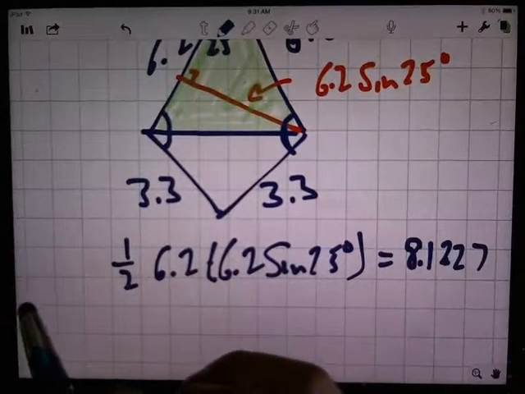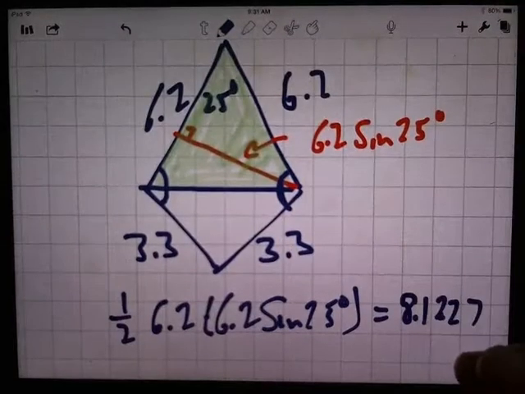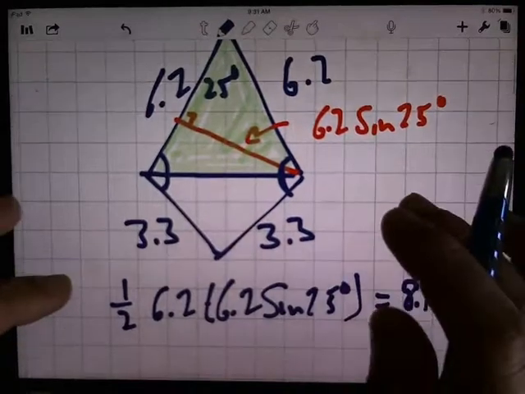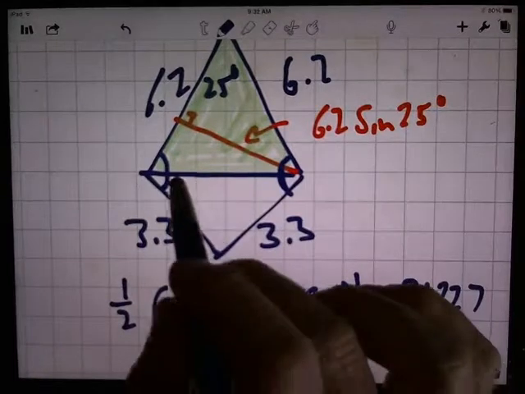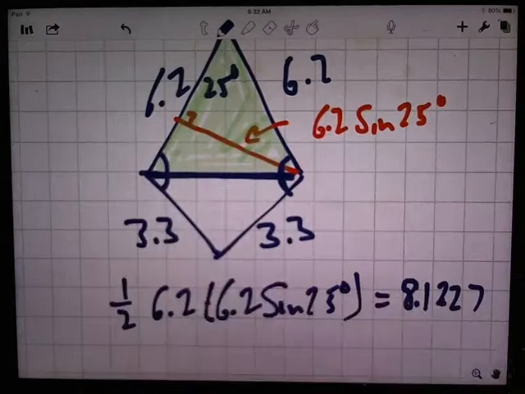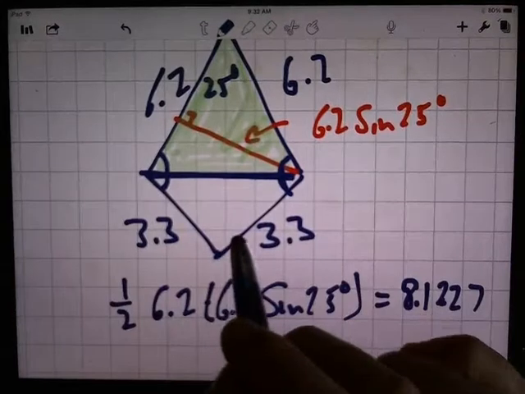So can I use that information? Actually, I think what I need to do is find this side length right here, that diagonal going across, because then I can use the law of cosines to figure out what this angle is.